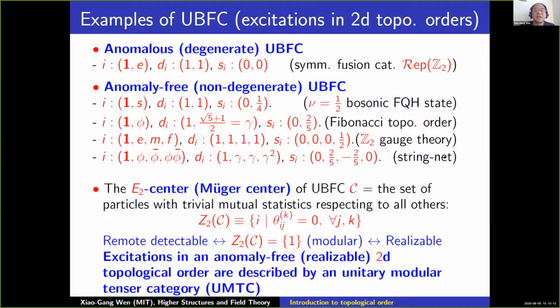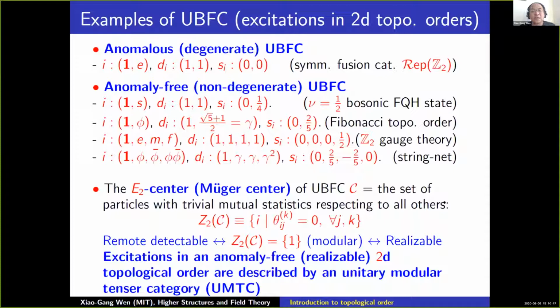Okay. So the first example here is anomalous, because this e particle cannot be detected by any other particle, either 1 or e. So we already say that the braiding is degenerate. This is characterized by the Müger center, or more generally the Z2 center. The Z2 center is the set of anyons that have trivial mutual statistics with everything else.